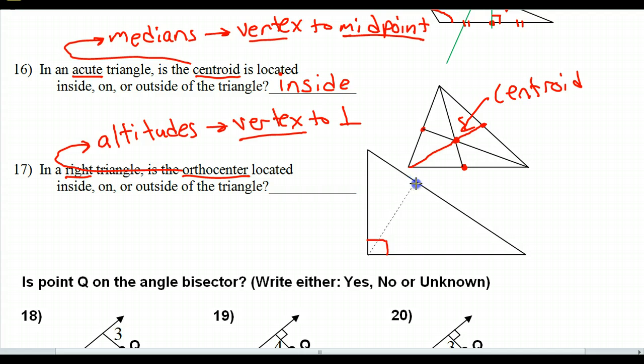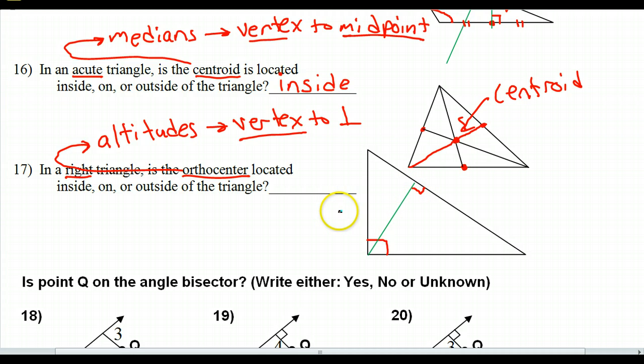It's going to be somewhere about like that, more or less. There's my vertex to a perpendicular. So I'm shooting for perpendicular, so I'm hoping that this is perpendicular right here. So that green line would be an example of an altitude of this triangle.